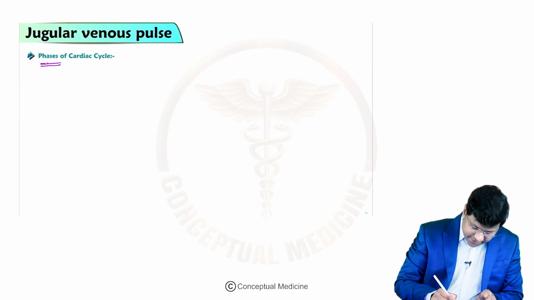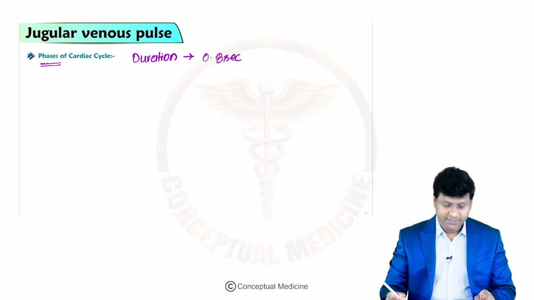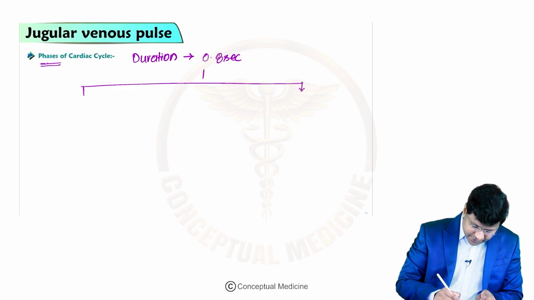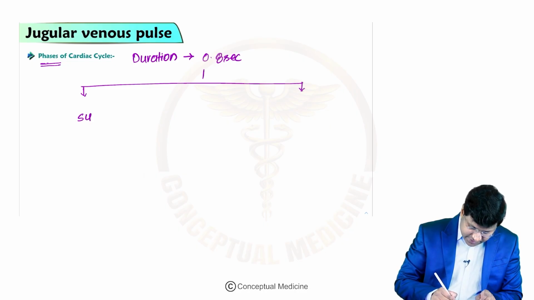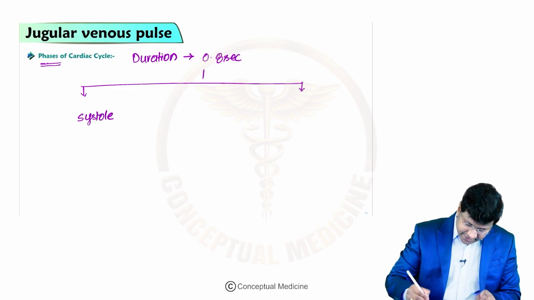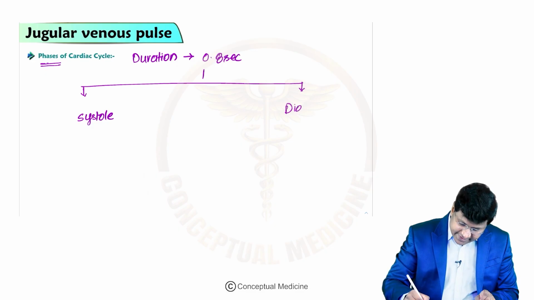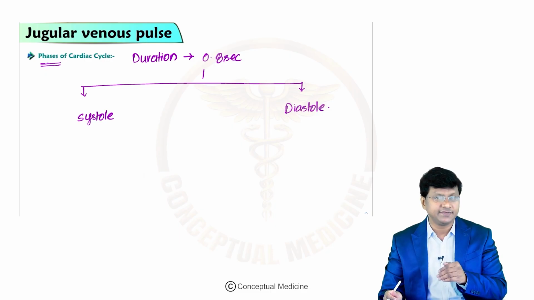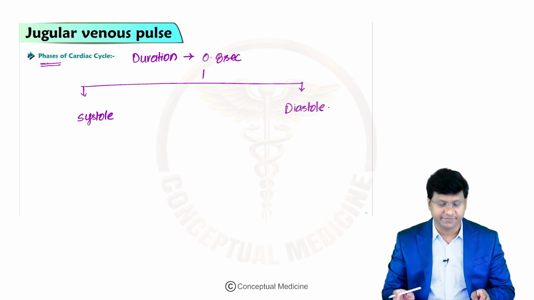See, the total duration of the cardiac cycle is around 0.8 seconds. Now, out of these 0.8 seconds, you have the systolic events and then you have the diastolic events.